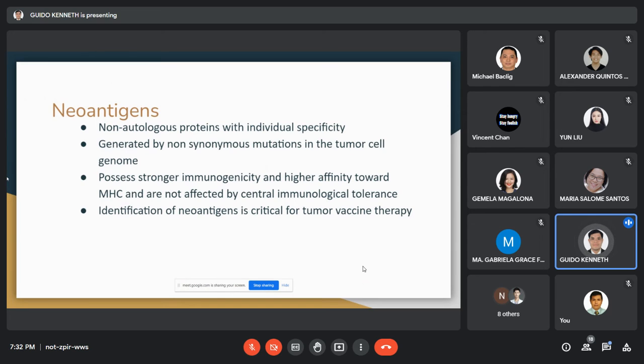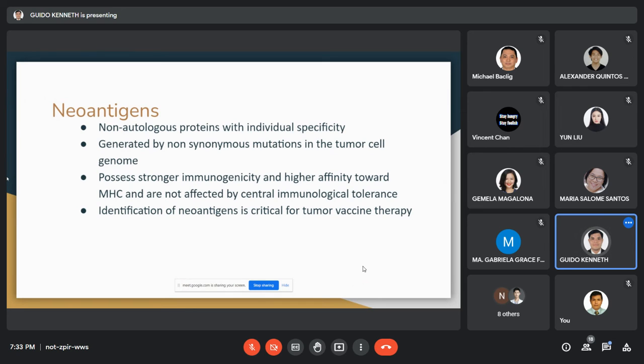What makes neoantigens special is that they possess stronger immunogenicity and higher affinity toward MHC and are not affected by central immunological tolerance.